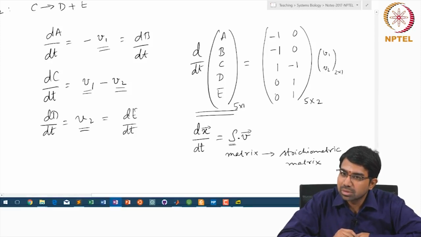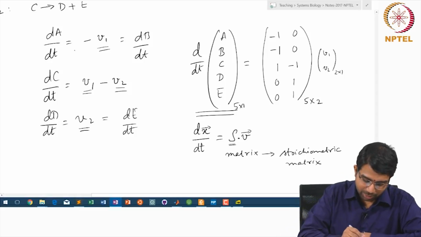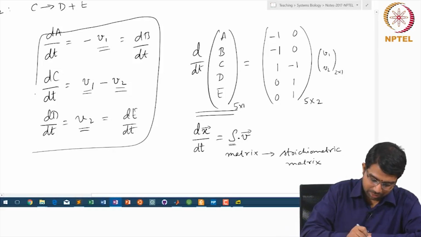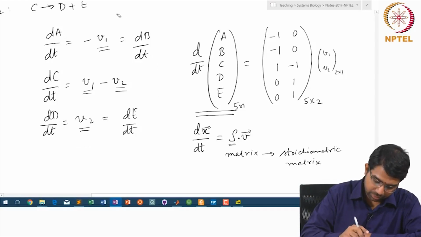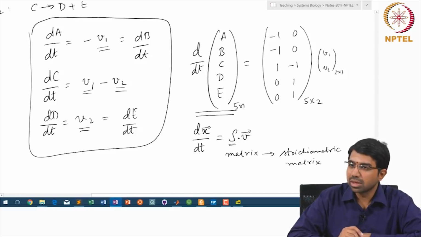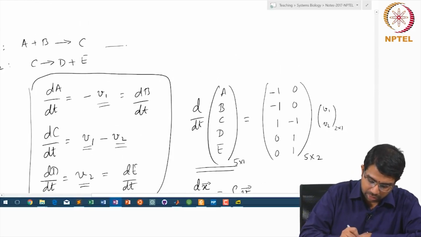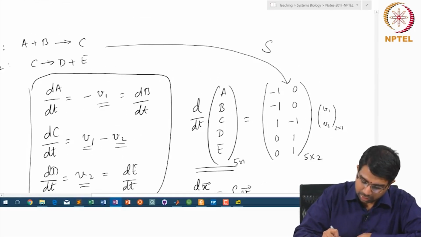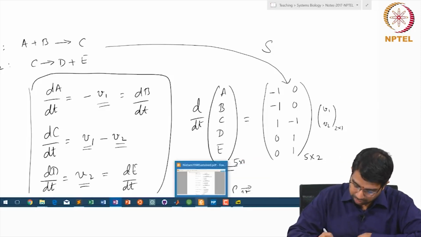The stoichiometric coefficient: negative for reactants, positive for products. That's it. You really don't have to worry about writing out all these equations. The moment I give you a list of reactions, you can directly write out the stoichiometric matrix, which is what you can do in this example potentially.